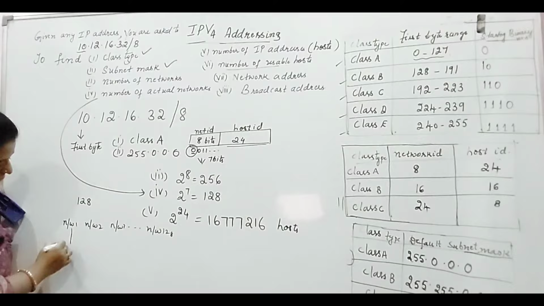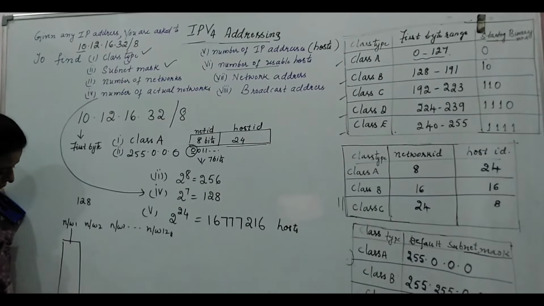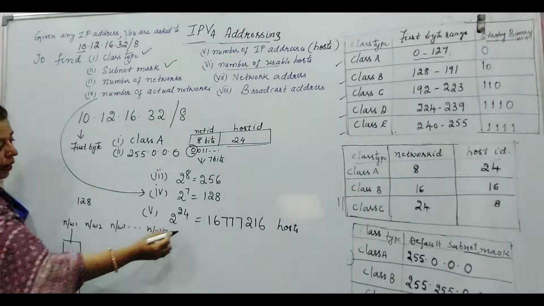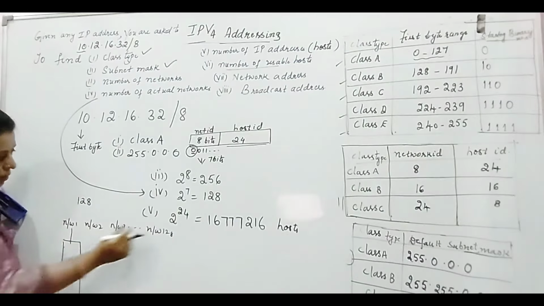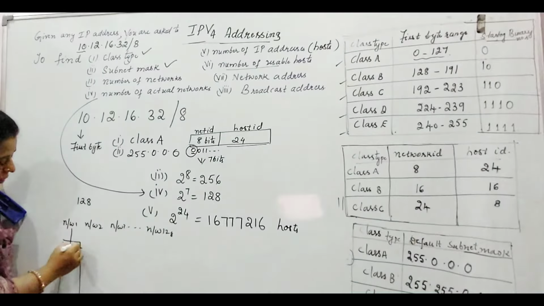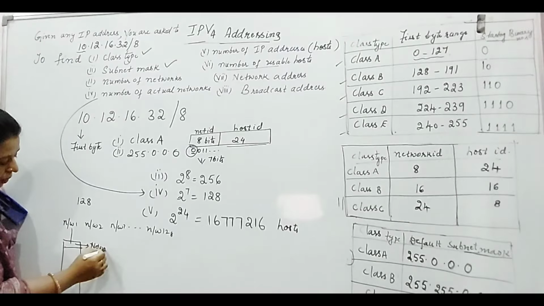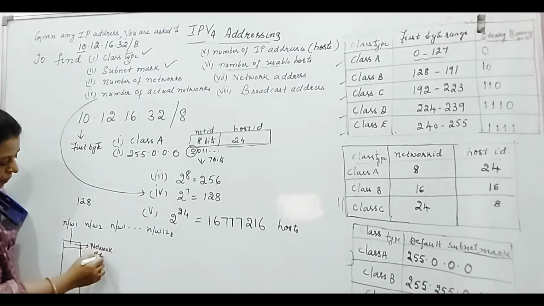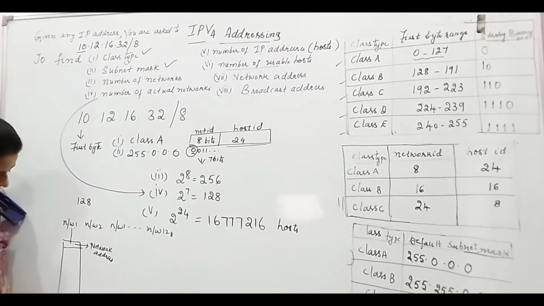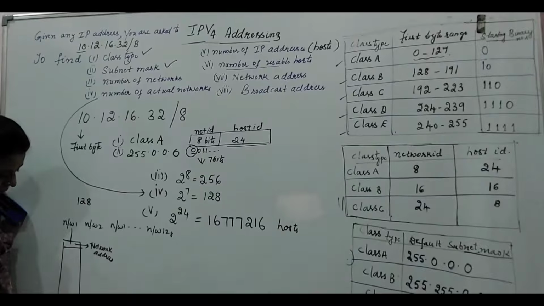In each network, these many hosts are there, and the first address is always the network address, and the last address is always the broadcast address.